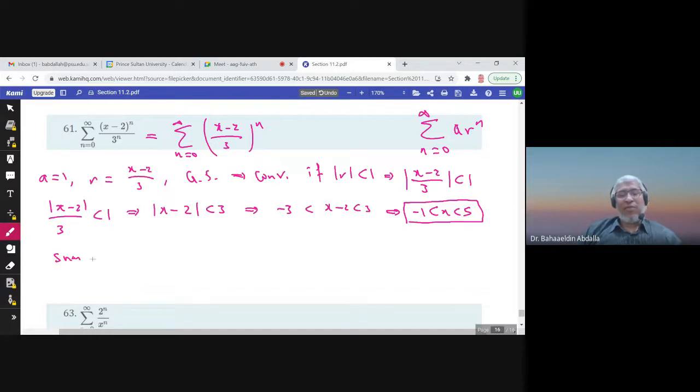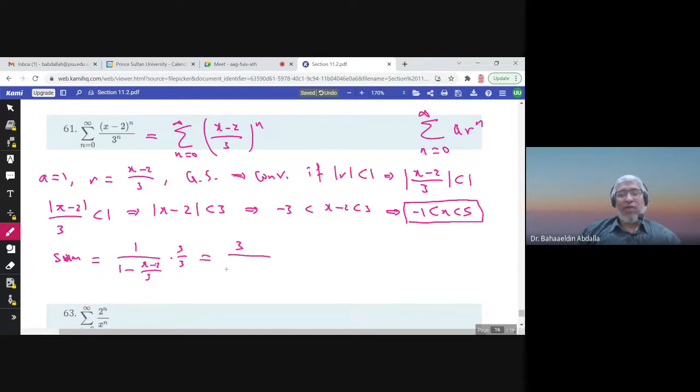and the sum of the geometric series in this case for those values would be a, which is 1, over 1 minus r, which is x minus 2 over 3. To simplify it, let me multiply by 3 over 3.